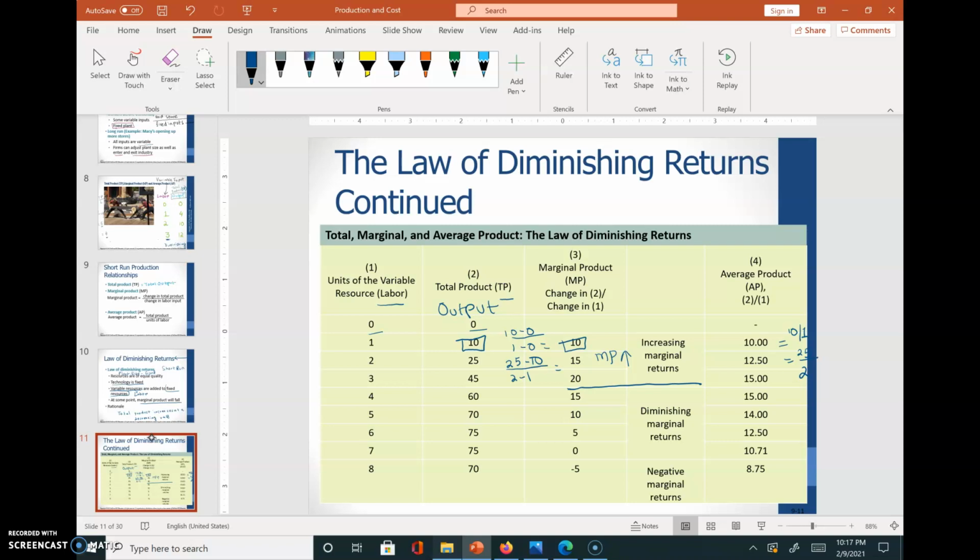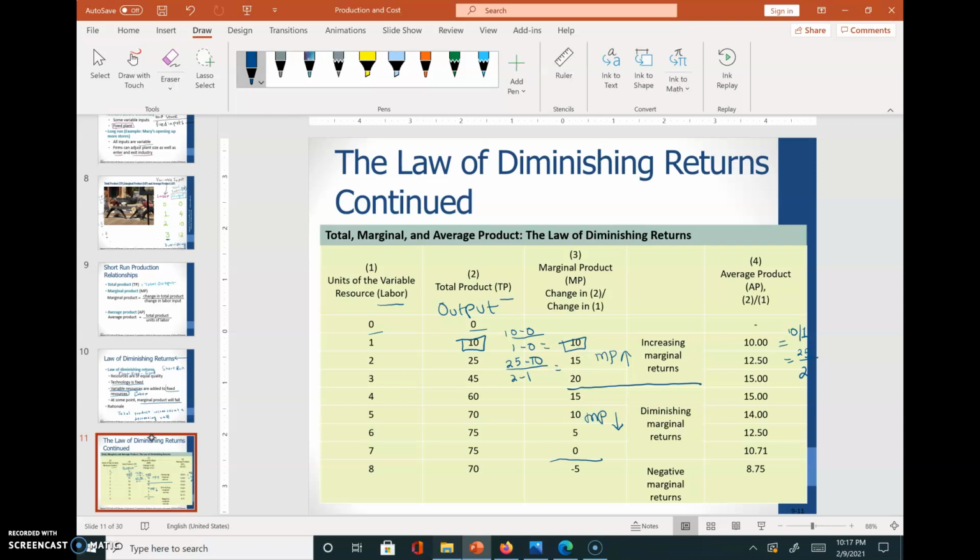After that, from worker number 4 to worker number 7, the marginal product is decreasing and we have diminishing marginal returns. And from worker number 7 to worker number 8, we have negative marginal product. That means the total product is decreasing.